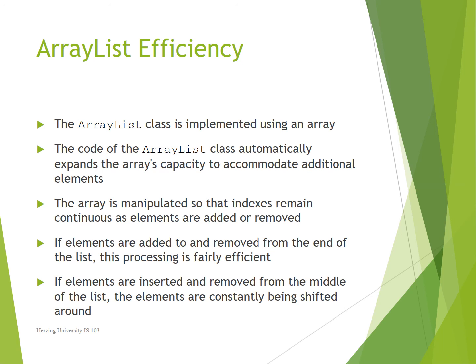If elements are added to and removed from the end of the list, the processing is fairly efficient. Now, if elements are inserted and removed from the middle of the list, the elements are constantly being shifted around, which could impact performance and the ability to run the script within an acceptable amount of time.